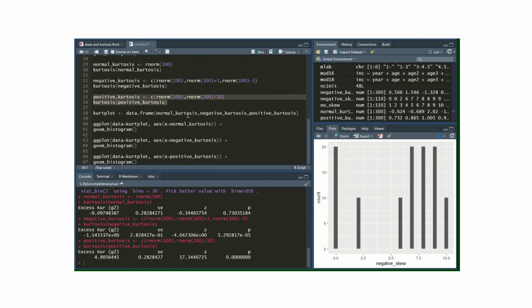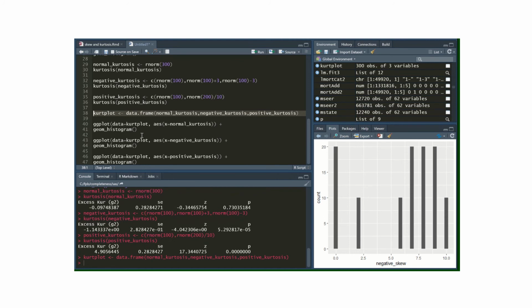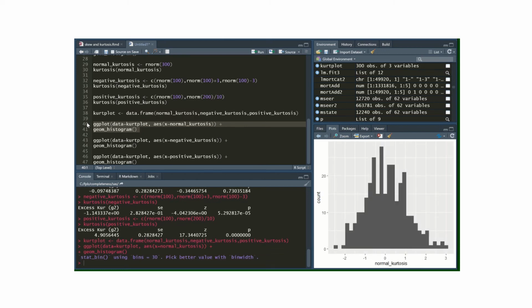Okay, so I follow the same process as before. First I take my results and convert them into a data frame in line 38. And then first I graph the normal kurtosis. Okay, remember the kurtosis was very close to 0. And we see here we have a bell-shaped curve. It's not a perfect bell-shaped curve, it's noisy, and it's noisy because I only picked 300 random values.